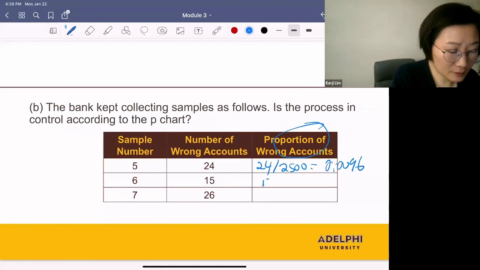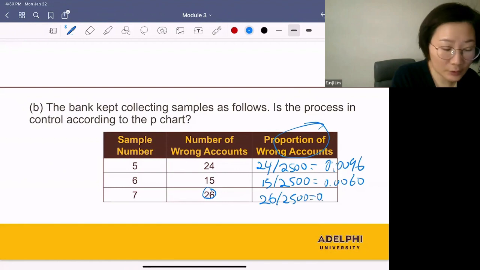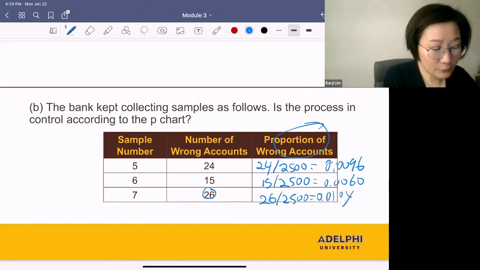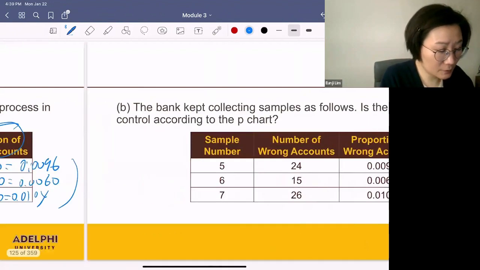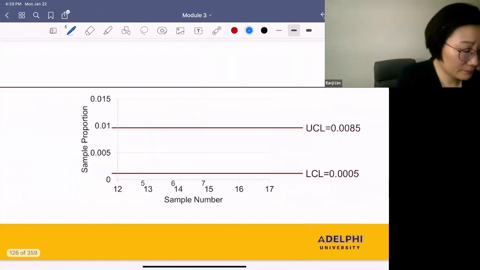And again, 15 over 2,500, 0.0060. And again, 26 over 2,500, 0.0104. And we can plot these sample proportions on the P chart.